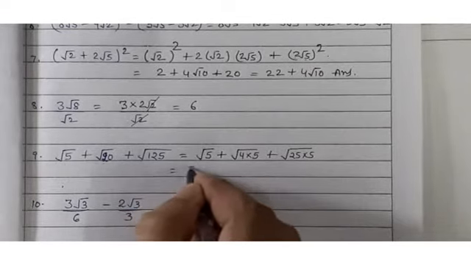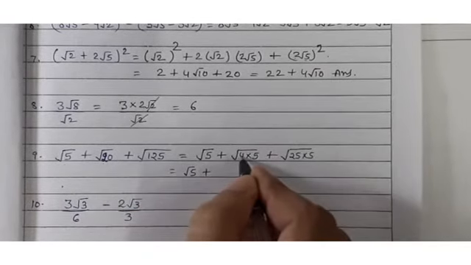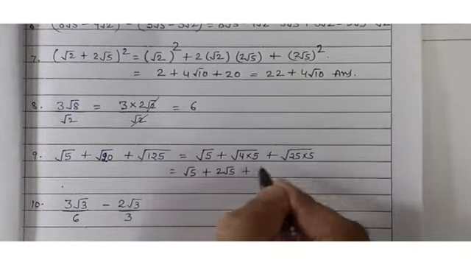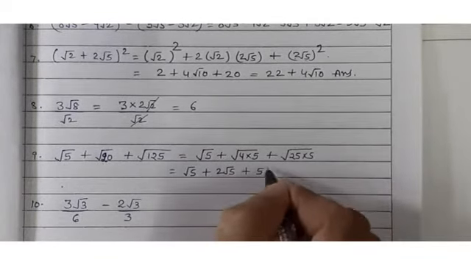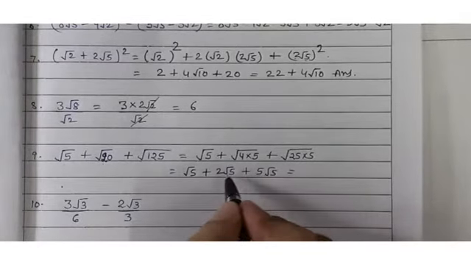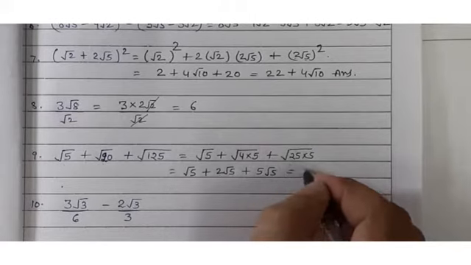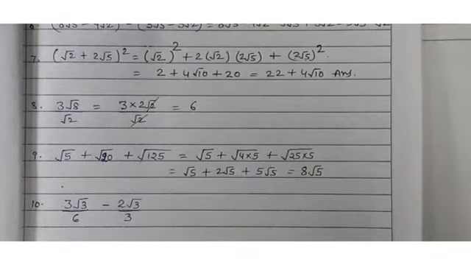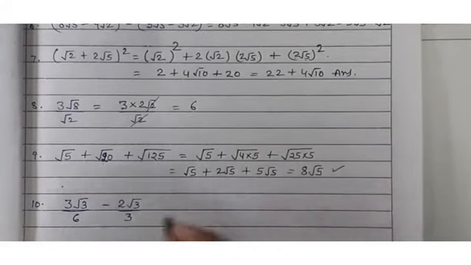Then what will be under root 5? Under root 4 will be 2, and under root 5 outside. Under root 5 is 5, under root 5 outside. Now how many are there? See, 5 plus 2 is 7 and 1 is 8. 8 under root 5. Okay, this is your answer.